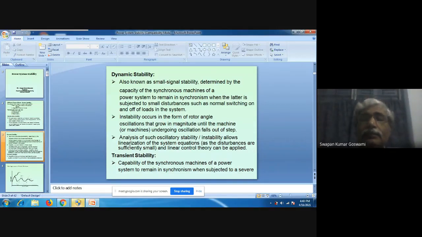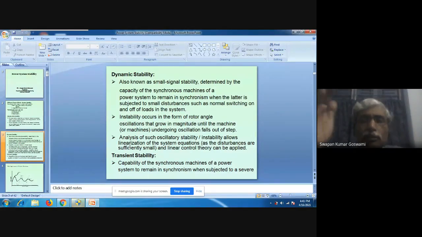And this excitation controller is the main source of dynamic instability in the power system, because due to the continuous adjustment of the field current, there will be some disturbances imposed on the system. And these disturbances will again cause some oscillation in the generator rotor. As a result, the power system will always be in quasi steady state. It will never be in a steady state condition.